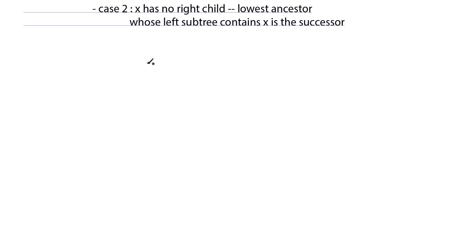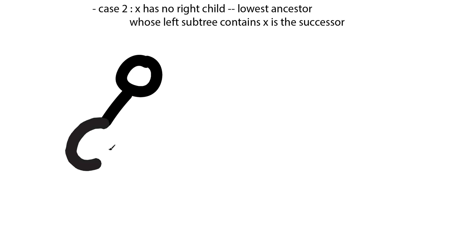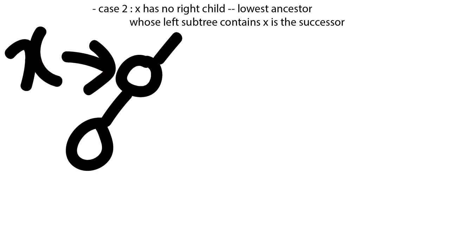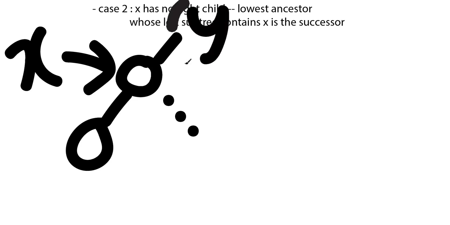Let's say we have something like this, where, okay, this is coming from some other node up here, but this is x. That is x. And x doesn't have a right child. So the lowest ancestor whose left subtree contains x is the successor. So say we have a y here.